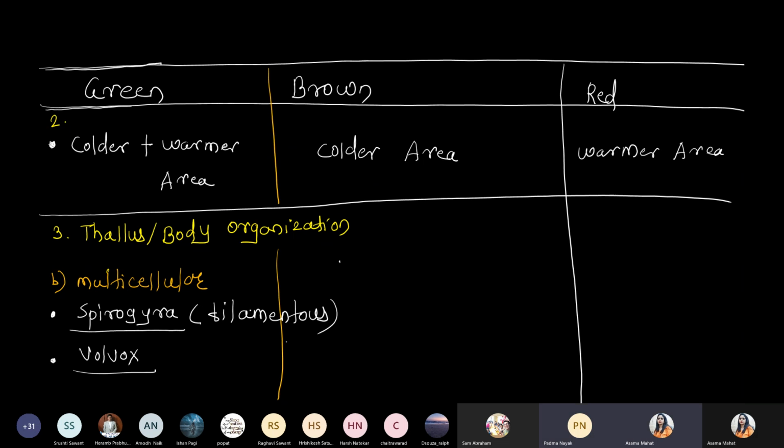Yes, ma'am. Okay, chalo. Just check is this loading properly or not.